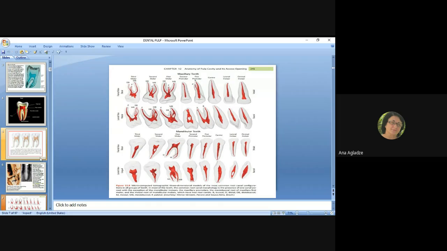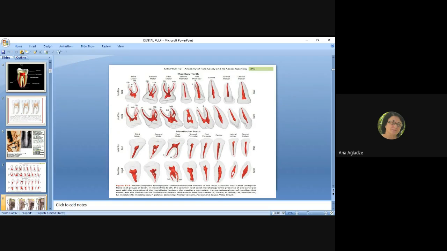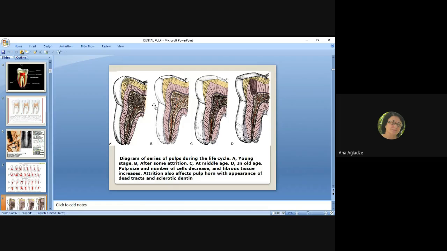Then here you can see this diagram shows the age changes in the pulp. You know that the dental pulp is such soft and very dynamic tissue. The composition of any connective tissue varies during development with aging.